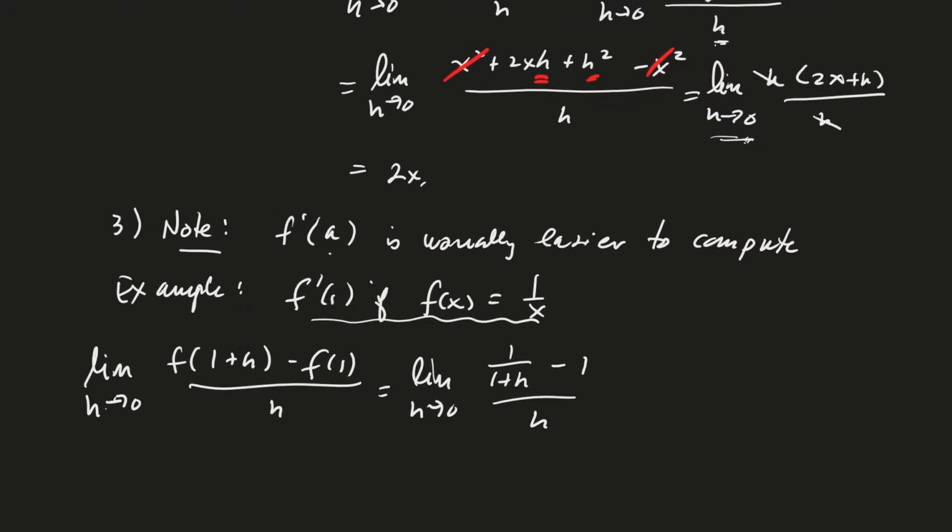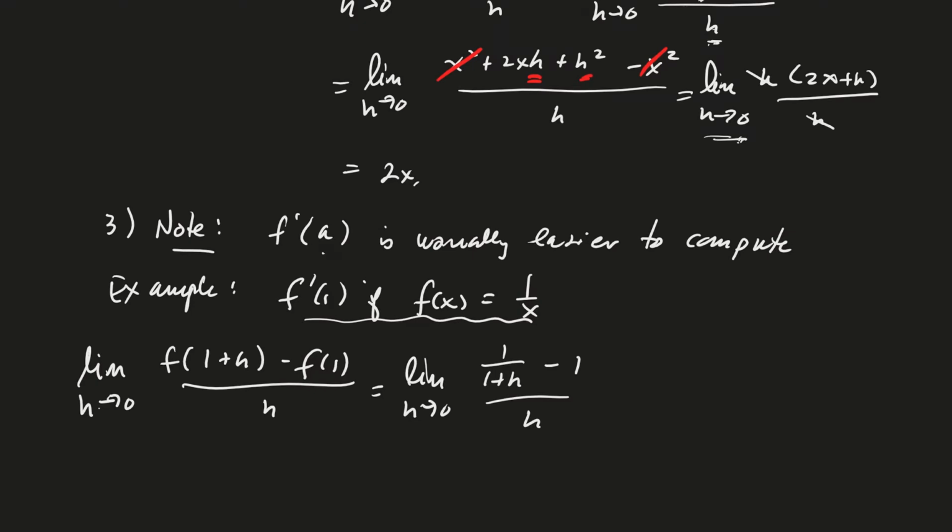And now to simplify the numerator, you have two fractions here, right? And so combine those fractions into 1 so that we would multiply this by 1 plus h over 1 plus h. So you would have 1 minus 1 plus h in the numerator divided by 1 plus h divided by h. Good. And what is that going to be?